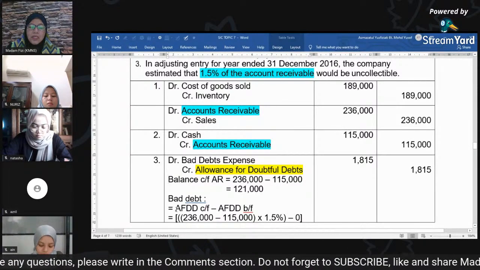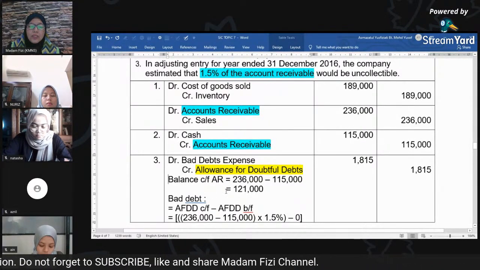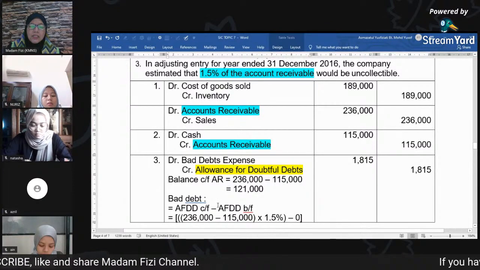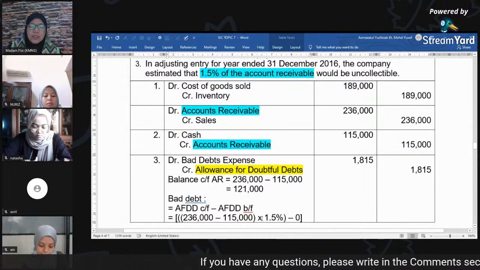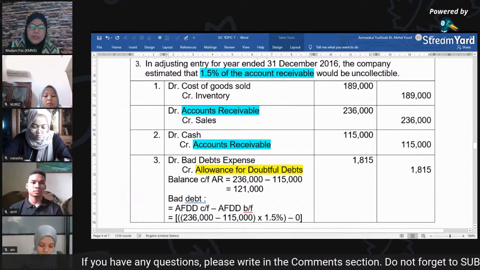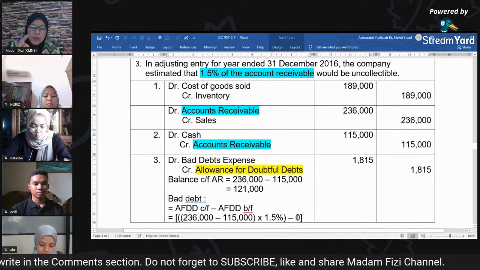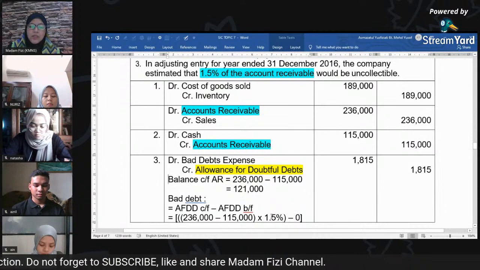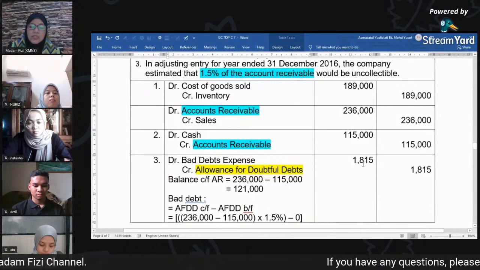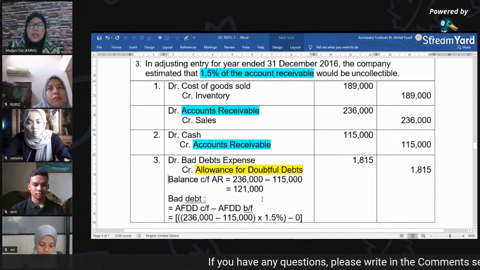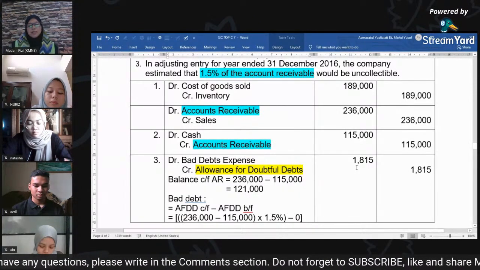To find out the AFDD balance carry forward, take the balance carry forward of accounts receivable, that is 121,000, times the rate, that is 1.5%, minus opening AFDD, tak ada, kosong. So the answer is 1,815. That is the answer for bad debt expenses.